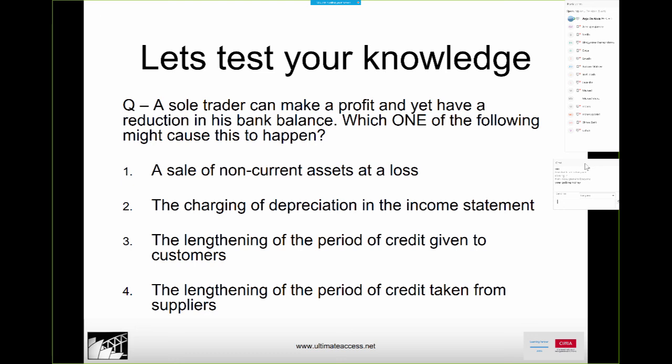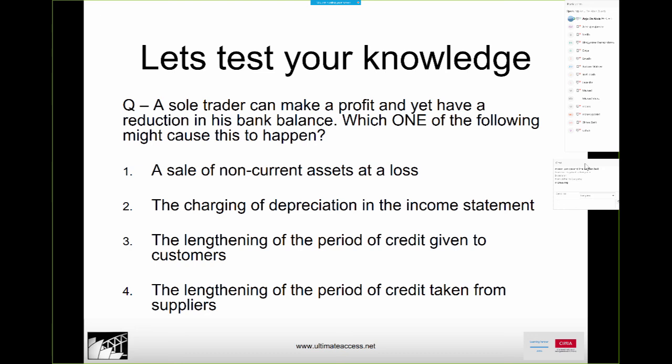Sale of a non-current asset, are you reducing or increasing the bank balance? You just now said you're going to get money. Increases, correct, increases, right?